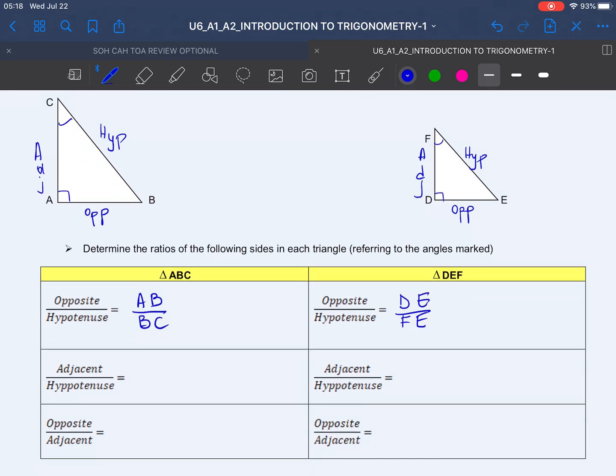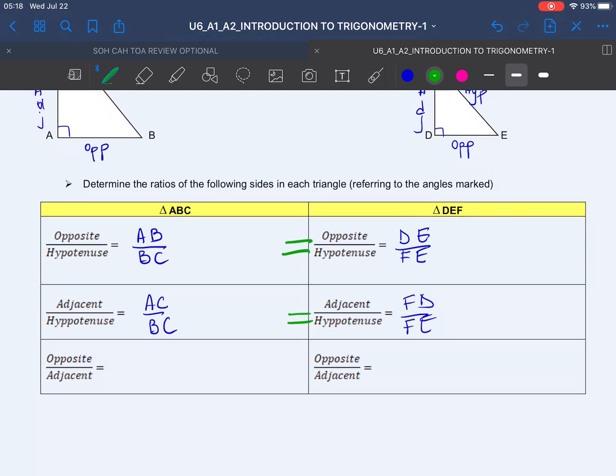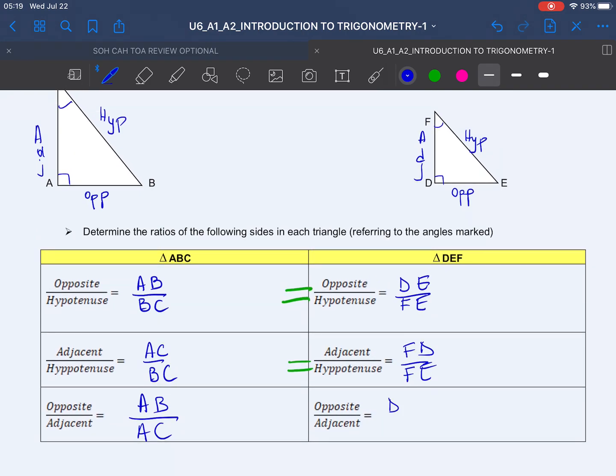The same thing would happen to adjacent over hypotenuse. The adjacent would be AC over BC. And in here would be FD over FE. So these two will also equal each other, and so will these two. And same thing with opposite over adjacent, which is AB over AC, which is DE over FD.